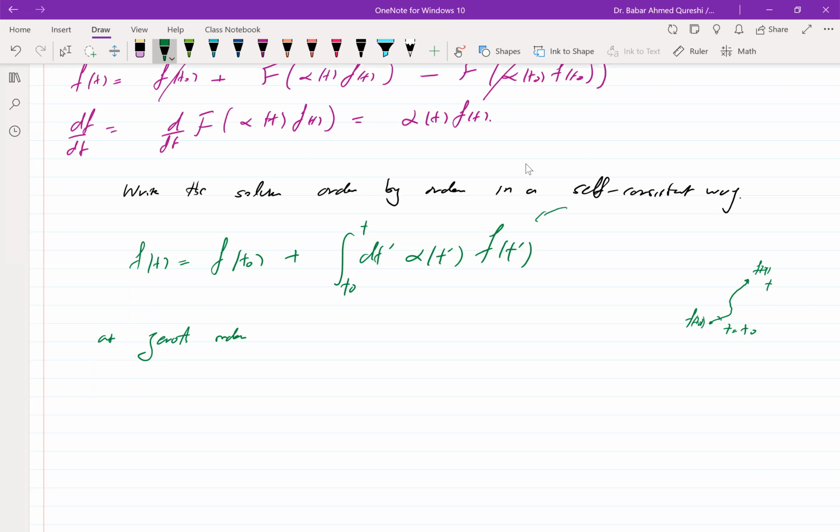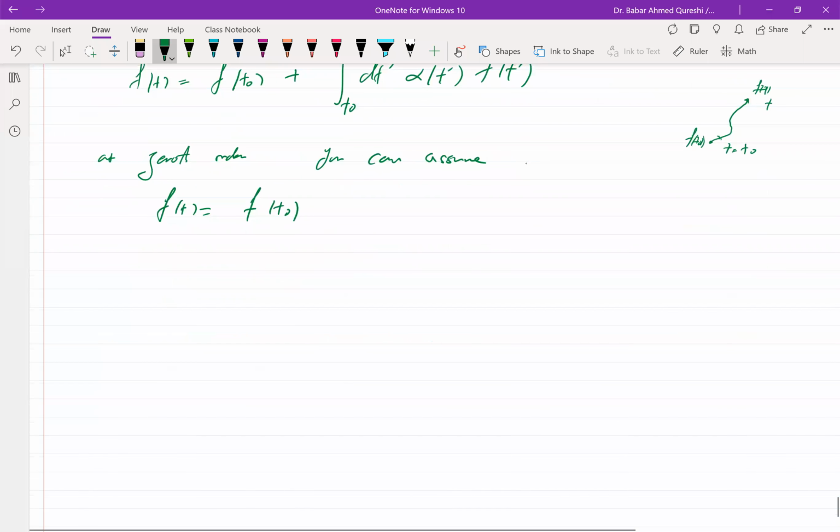Instead of whatever final solution I'll get, I just plug in the initial value. So you can assume that f of t is just f of t naught. At zeroth order, you haven't really done anything. The function is just a constant. But at the next order, you can put it back over here and compute the next order term.